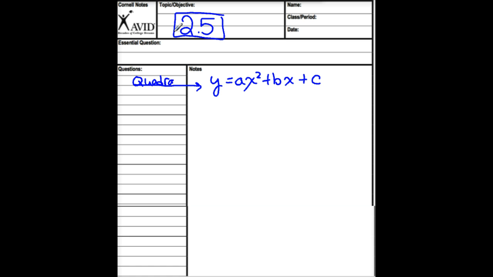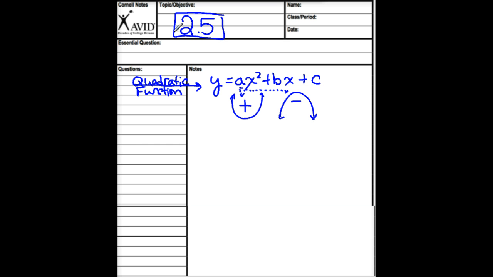Just a little review here. Its graph makes a parabola. Recall that the parabola will open up if a is positive. The parabola will open down if a is negative.